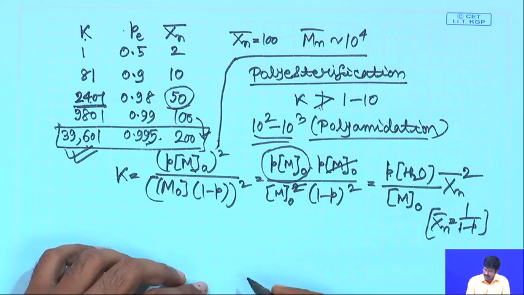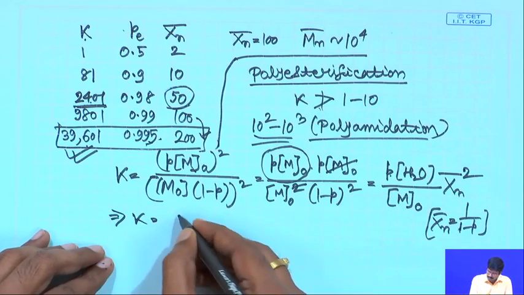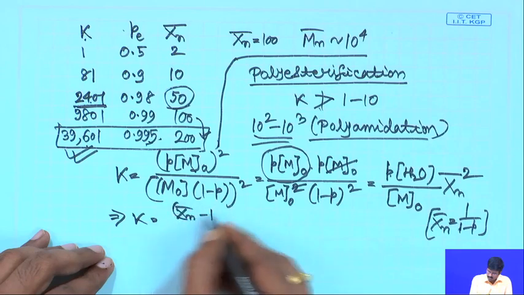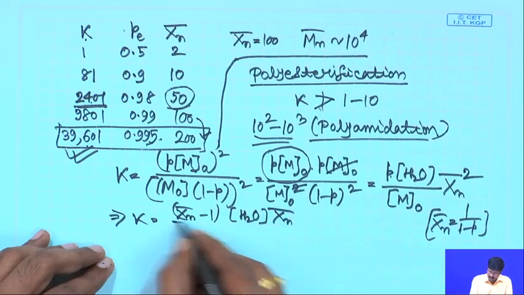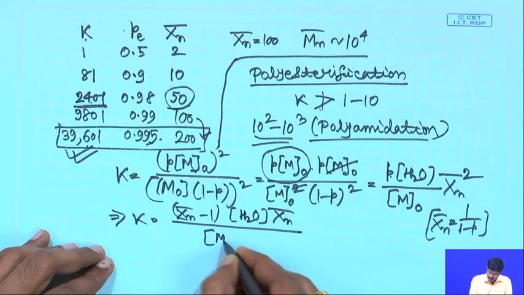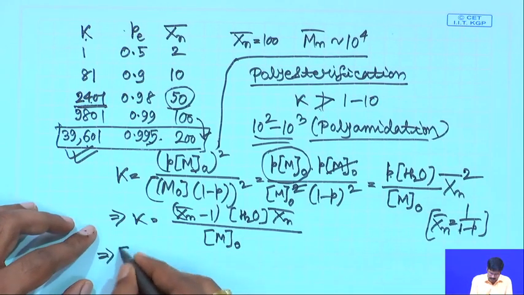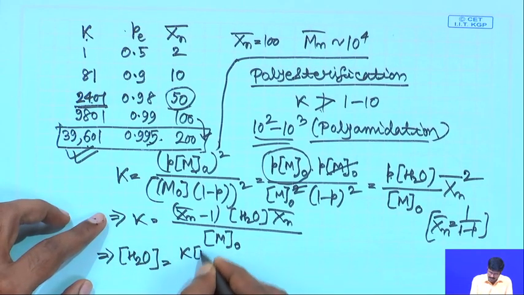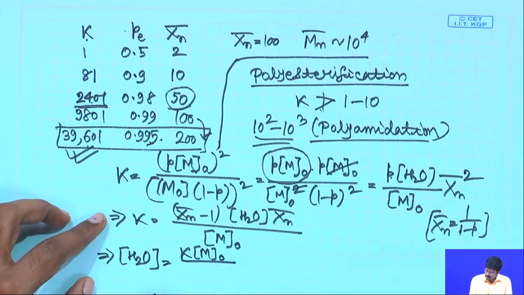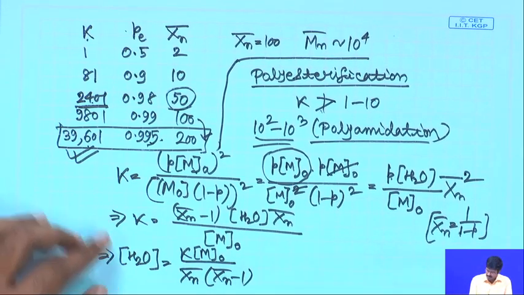So, you replace p with that, and then what you will get is your K will become equal to (Xn bar minus 1) into concentration of water into Xn bar divided by m0. So, ultimately the concentration of water that you will have at equilibrium is nothing but K into m0 divided by Xn bar into (Xn bar minus 1).